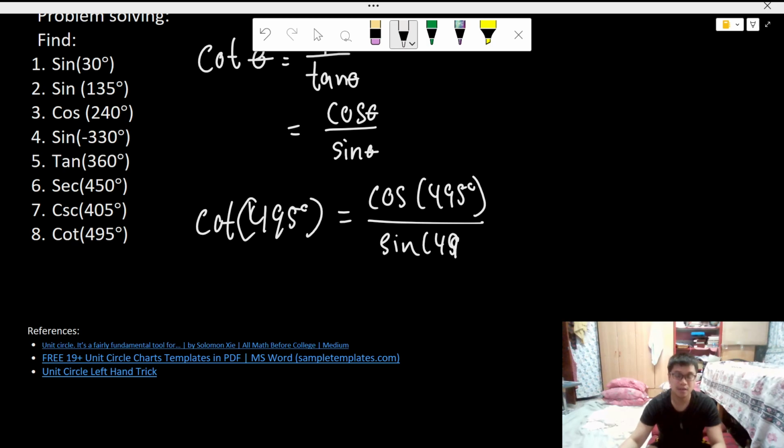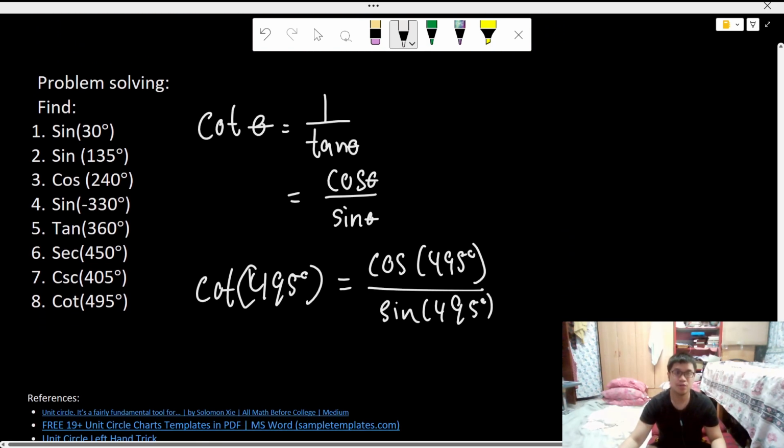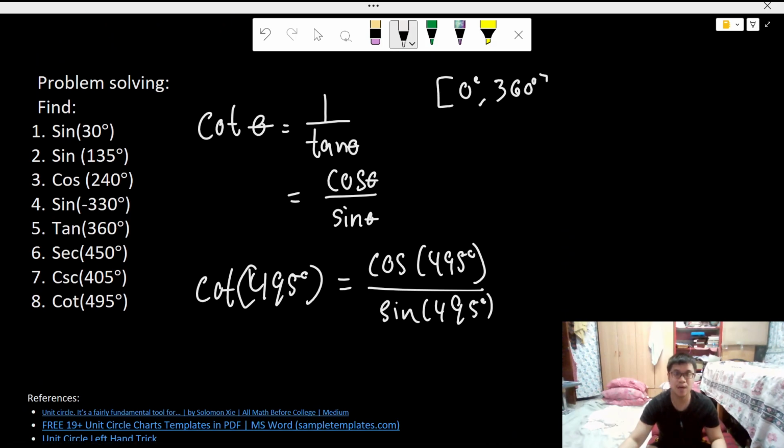But you see, this one is not within the range of 0 degrees and 360 degrees, just like the other previous problems we solved. So therefore, we're going to find the coterminal angle of 495 degrees within this range. Since 495 degrees is greater than 360 degrees, we will subtract 360 degrees from 495 degrees.